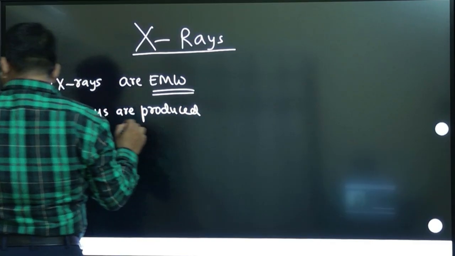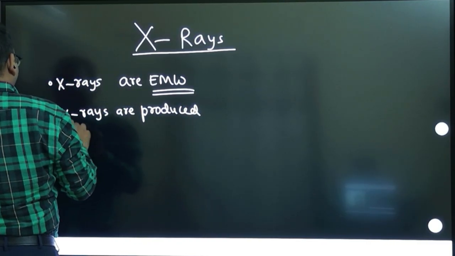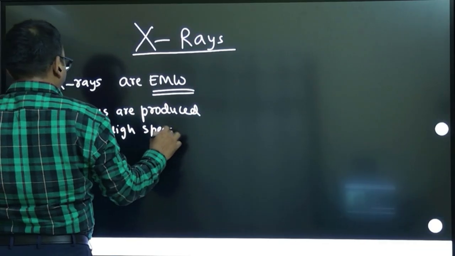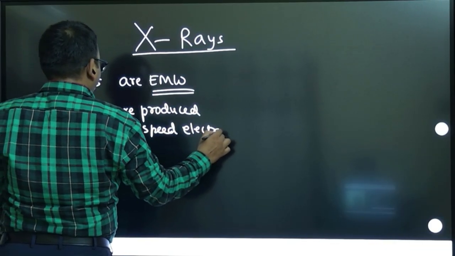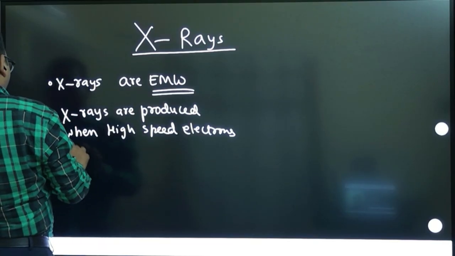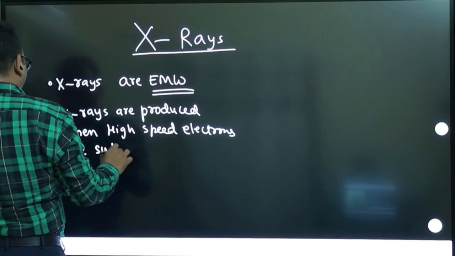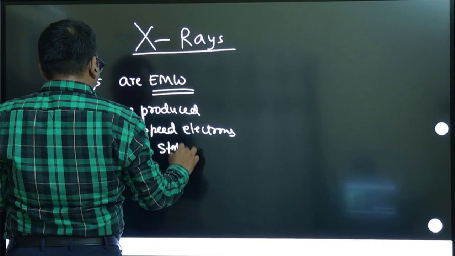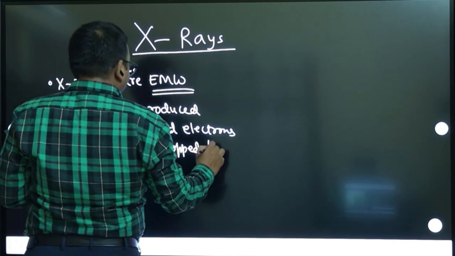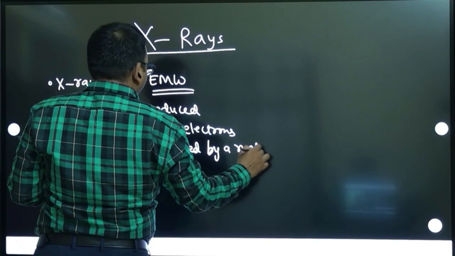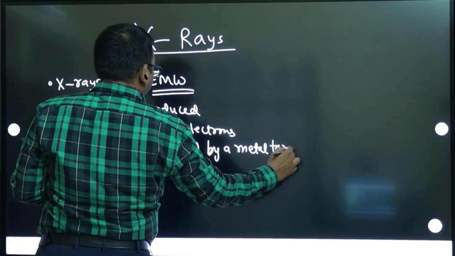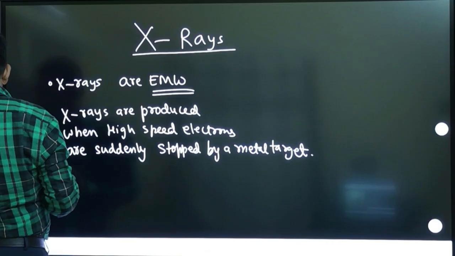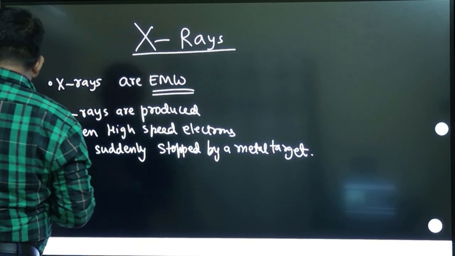X-rays are produced when high speed electrons are suddenly stopped by a metal target. That's how X-rays are produced.